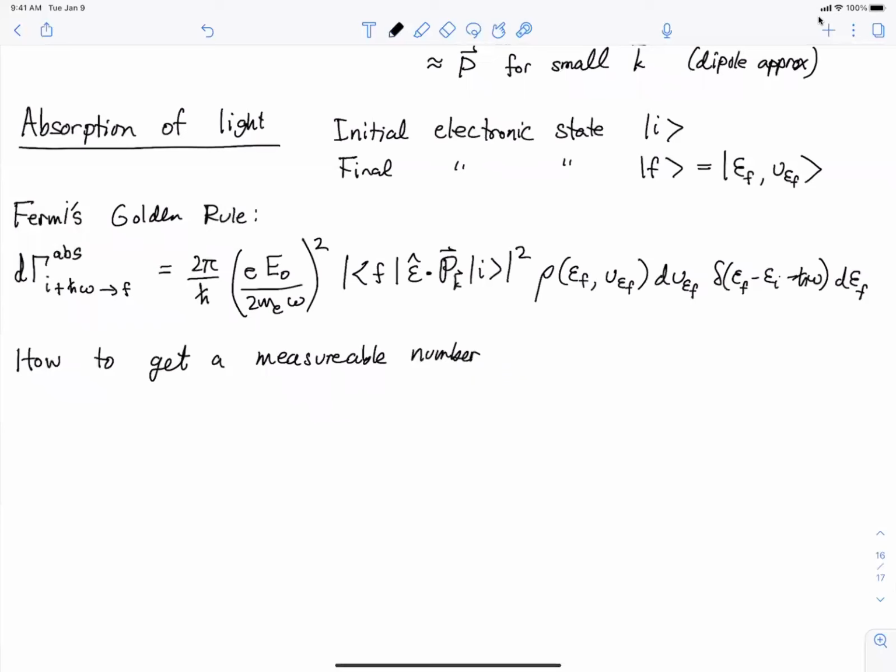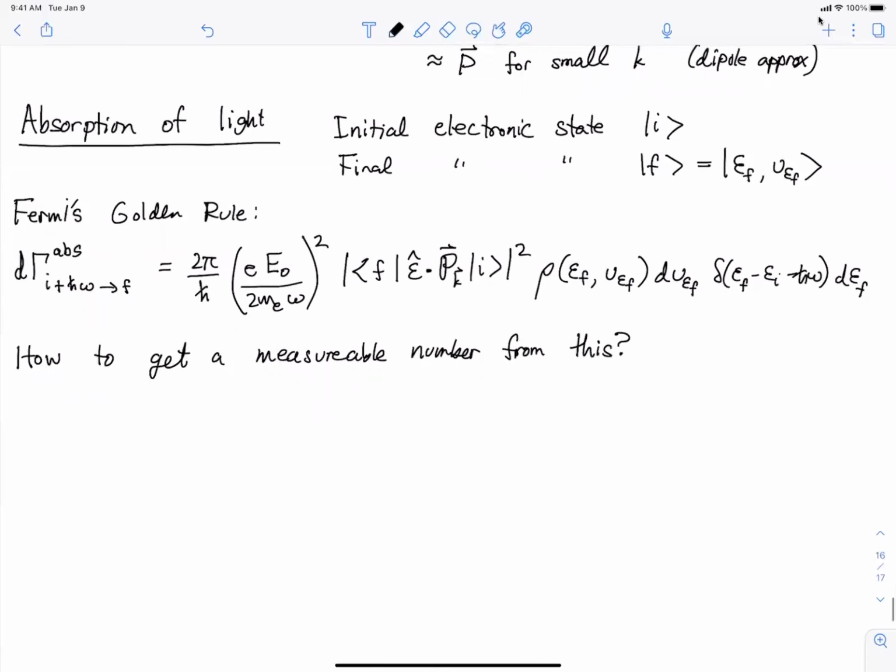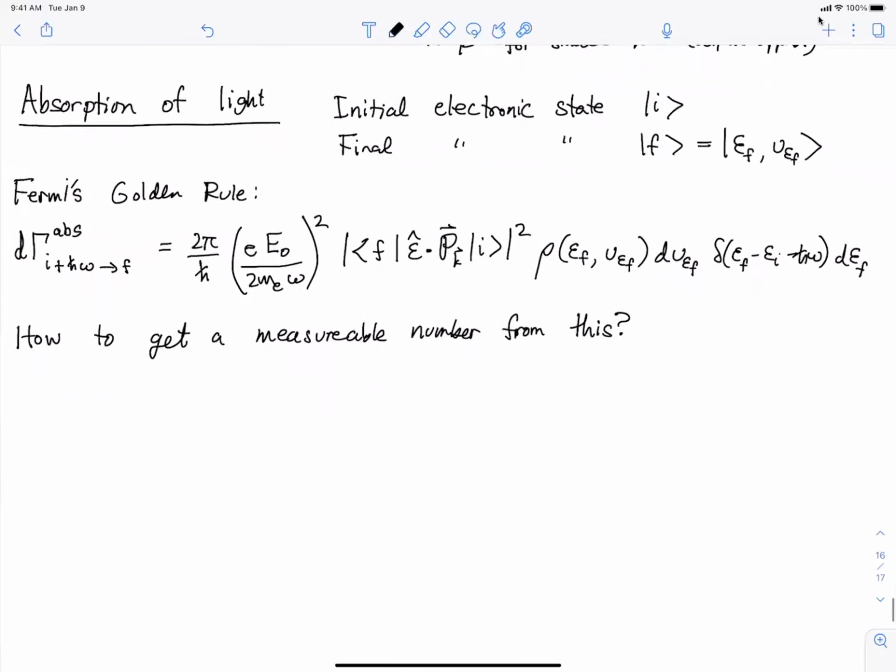So one thing we're going to want to do is integrate over energy to get rid of the delta function. But more generally, it's a good idea often to quote things not in terms of the rate, but how much energy is absorbed. So I send in some light wave, it encounters some atoms, and then I measure how much energy is absorbed, and that's something we can measure.